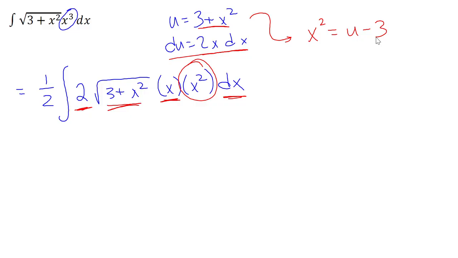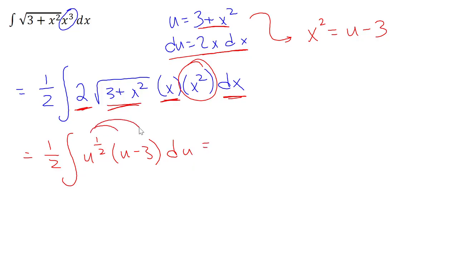So now we can rewrite this entire expression in terms of u. We have 1/2 of the integral of root u, which is just u to the 1/2, and then the x squared is u minus 3, and then the 2x dx is our du.